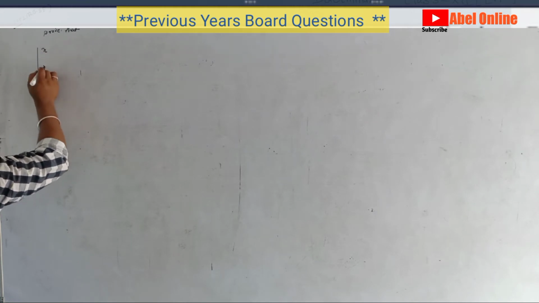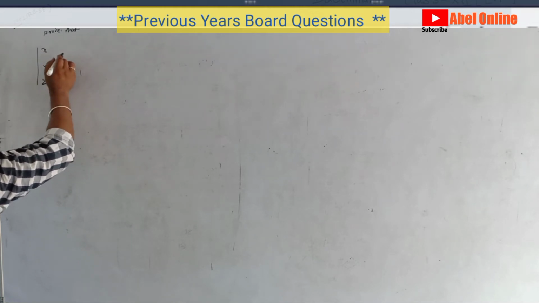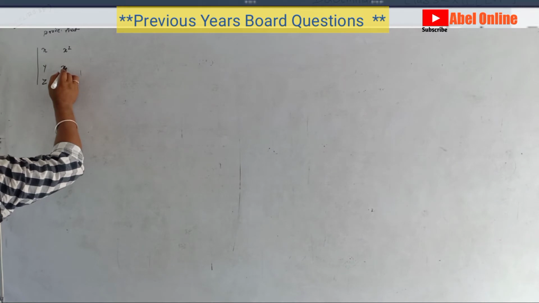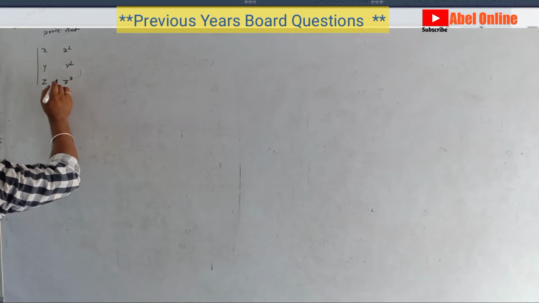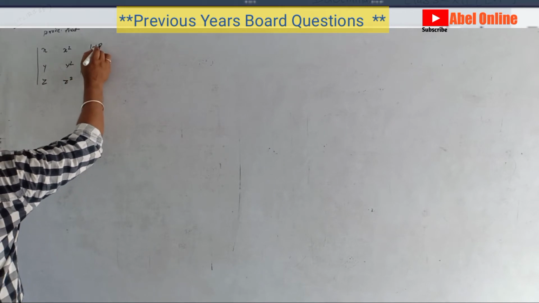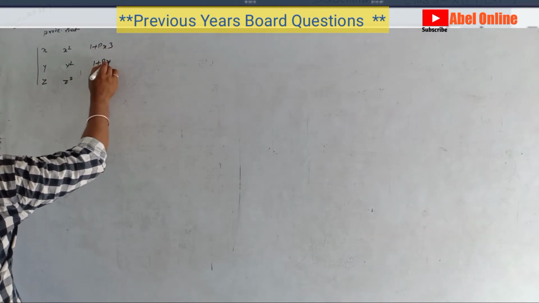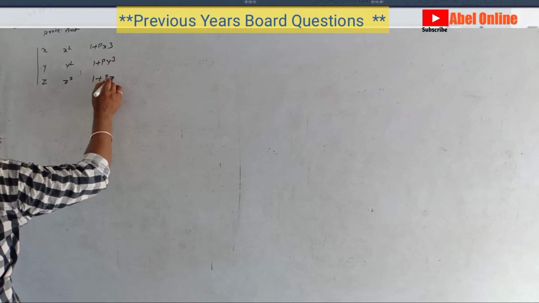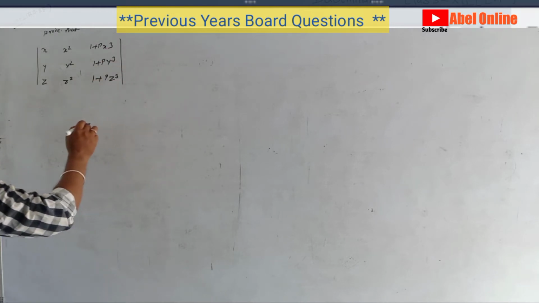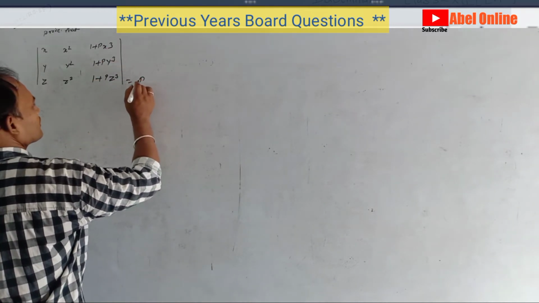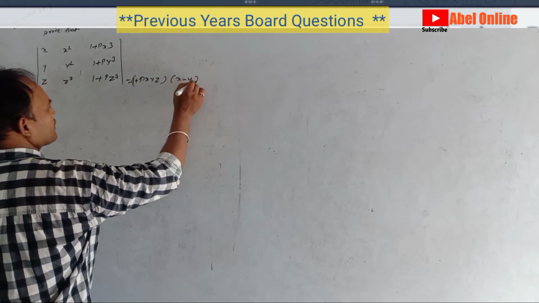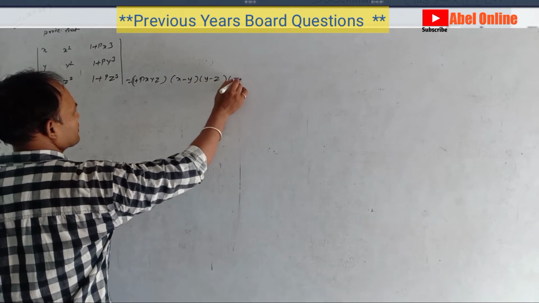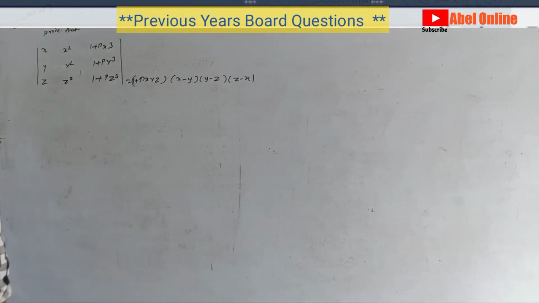It is x, y, z, and it is x square, y square, z square, 1 plus p x cube, 1 plus p y cube, 1 plus p z cube equal 1 plus p x y z, and it is x minus y, y minus z, and z minus x. So students, this is your question. This came in 2012.